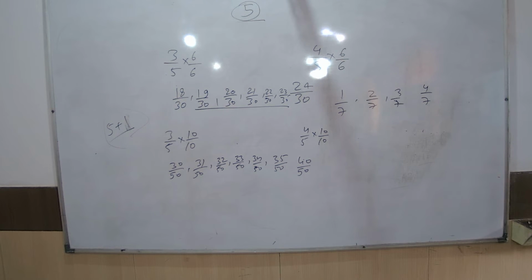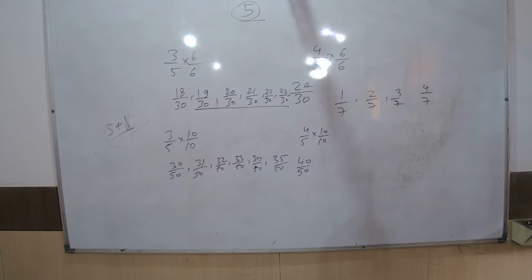If we want 7 rational numbers, we multiply with 8, that is 7 plus 1. You multiply with 5 and you get only 4. That's why you multiply by 6. Got it? You have to multiply by one more number. If you want 6 numbers, you have to multiply by 7. This is not a hard and fast rule.